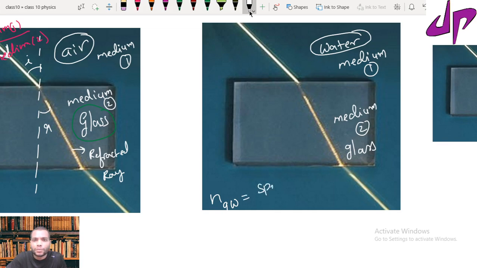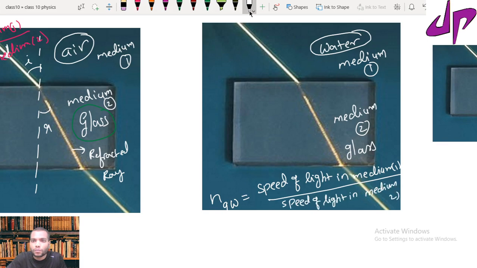We have to mention that the refractive index of glass with respect to water equals speed of light in medium 1 upon speed of light in medium 2. Whenever you divide the speeds in two different mediums, you will get a ratio. That ratio we know as refractive index.